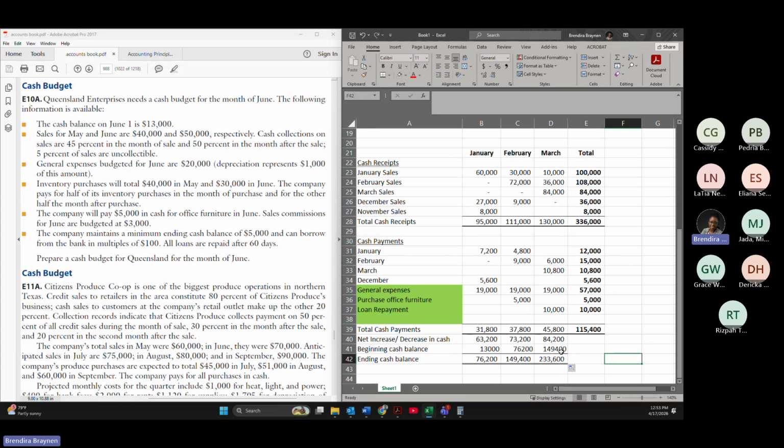The total column, I'm just going to do the sum of the three, 1, 2, 3. And then I'm going to say my beginning cash balance is this. Similar to the production budget, the beginning of the quarter is actually January. So I'm starting off at 13,000. And when I add the two, I should come back to the same 233,600. So this would be completing it in full.